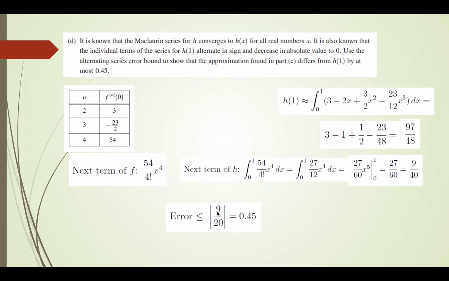We use the absolute values here simply because in an alternating series, of course, you can have negative terms. And by error, we're not saying that 97 over 48 was too big or too small by this amount. It could be either one. We're just saying that it is off, at most, by 0.45 in either direction.